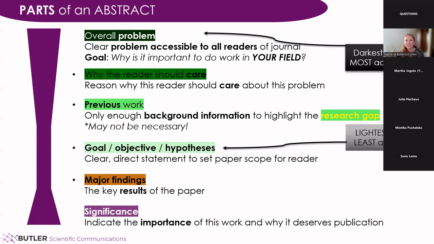This is the least accessible portion, the portion that's going to be the narrowest in scope and the narrowest in accessibility. So the way these colors are organized, we're starting with the most accessible portions at the top, and then we're funneling the reader down into the least accessible portions. And I will show you this in an example as well.